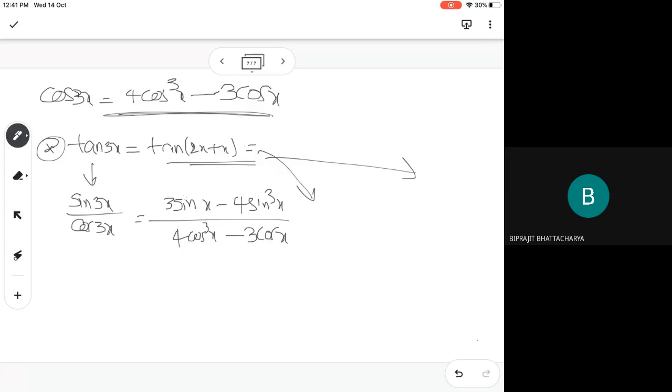If you prove this way, the formula tan x plus y will come: tan x plus tan y by 1 minus tan x tan y, which is completely in tan. So tan 2x can be written as 2 tan x by 1 minus tan square x.